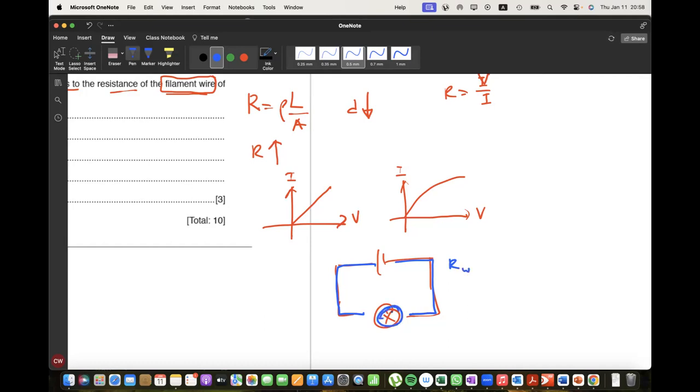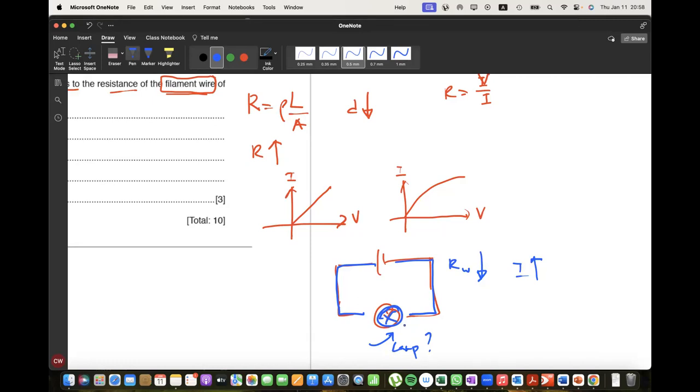Now we have to try to figure out what will happen to the lamp. Wire becomes less. What will happen to the lamp? If the resistance of wire decreases, that means current will increase. If current increases, what happens to the resistance of the lamp?